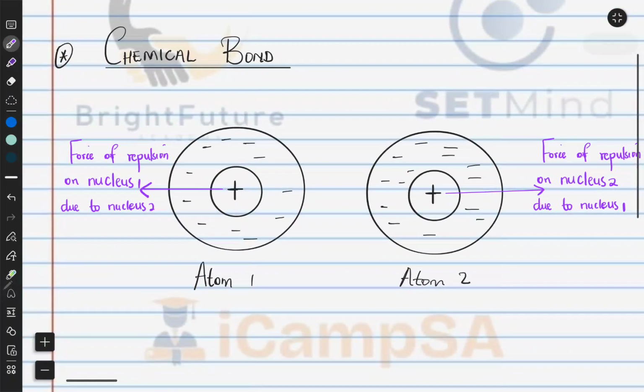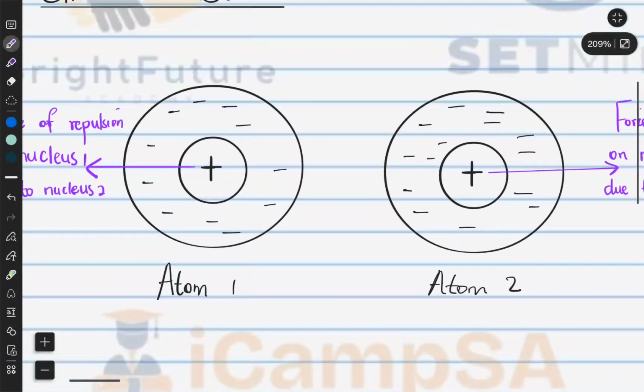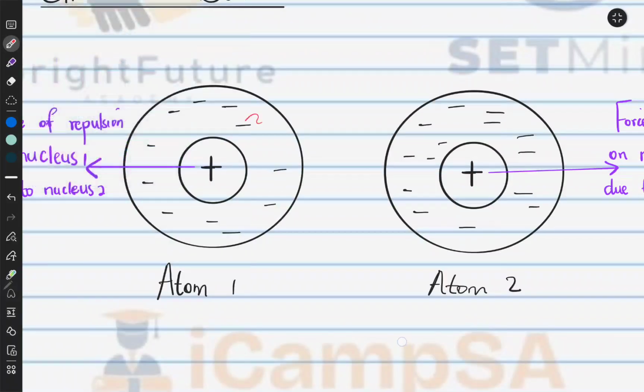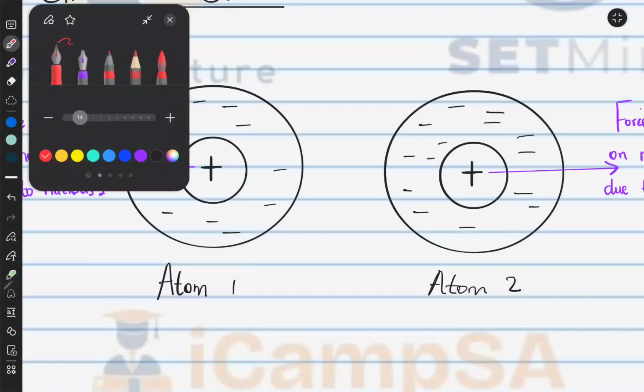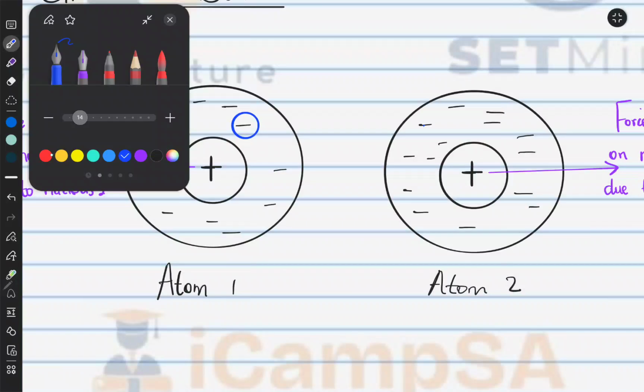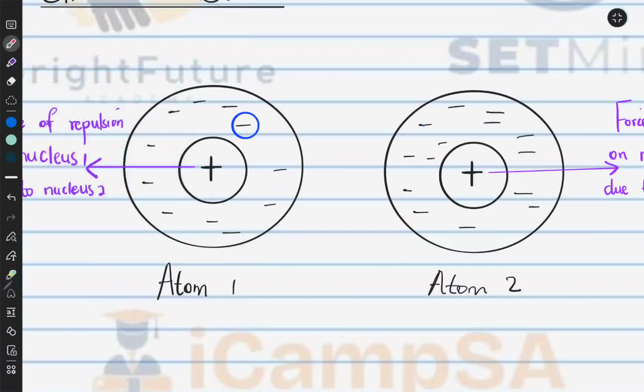Now, another thing that will happen is that the electron cloud that surrounds atom 1 will be attracted to, let's just focus on one electron, let's say we are looking at this electron. Let's use a different color. The electron cloud that surrounds atom 1 will be attracted to the nucleus of atom 2.